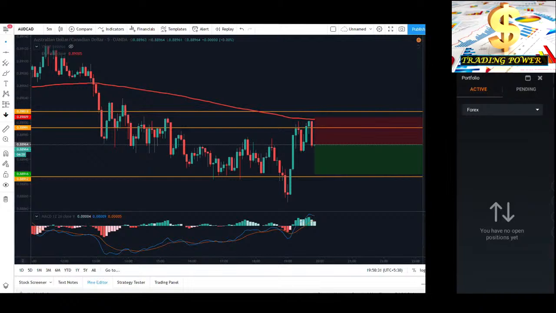Okay. Let me enter the trade on my trading platform. You can see how much profit or loss I make on the right side of the screen. Okay. Let's see if we will make profit or will lose money.